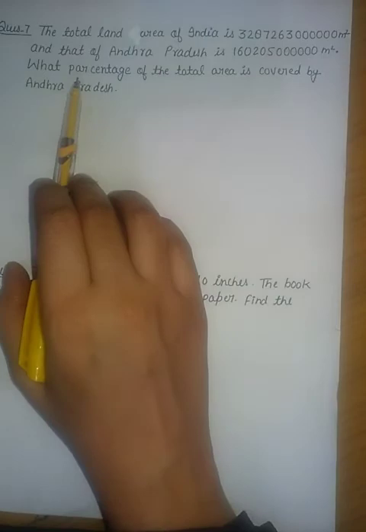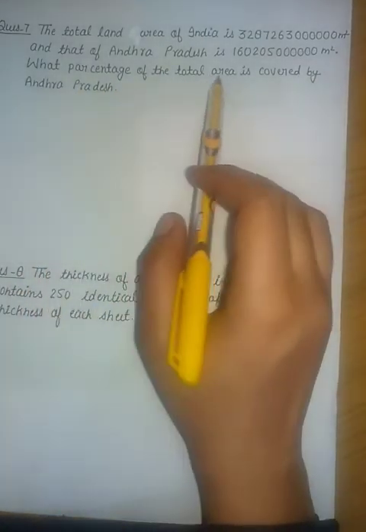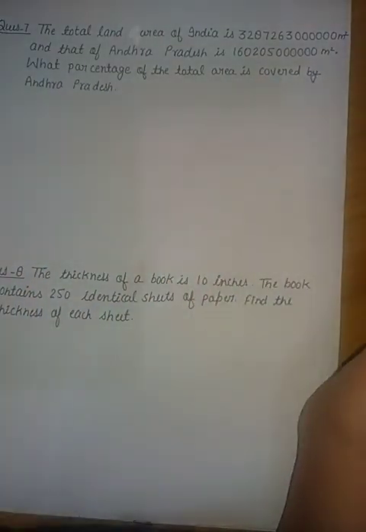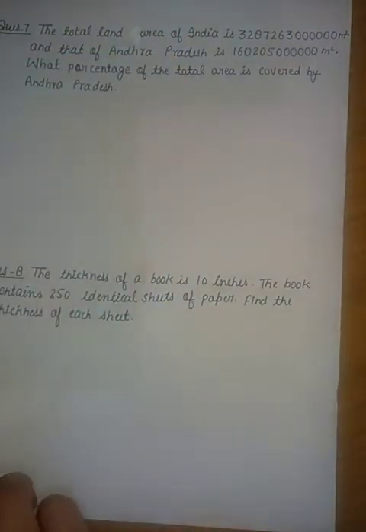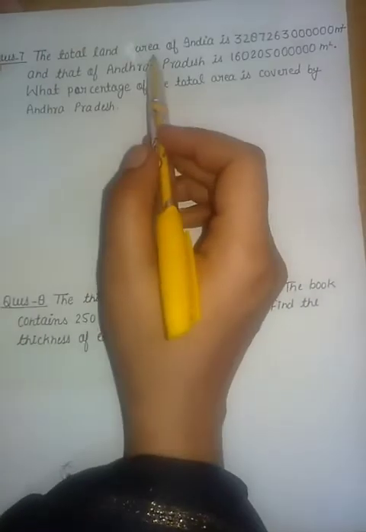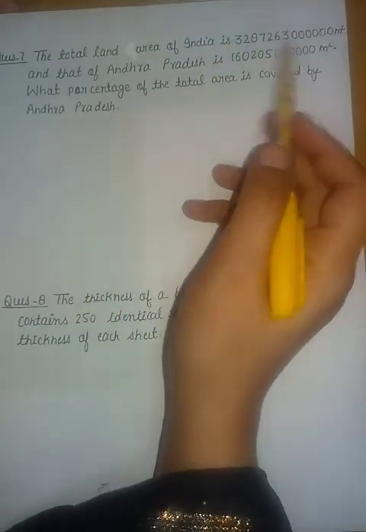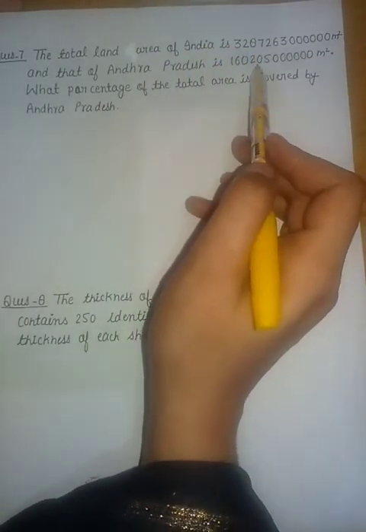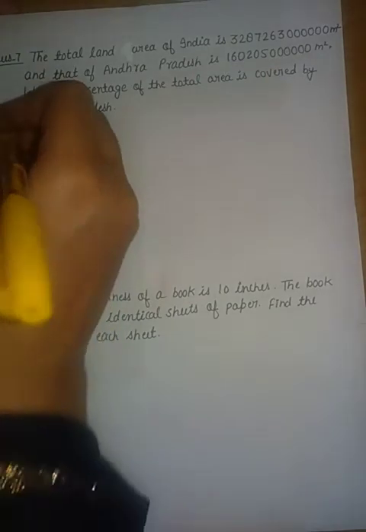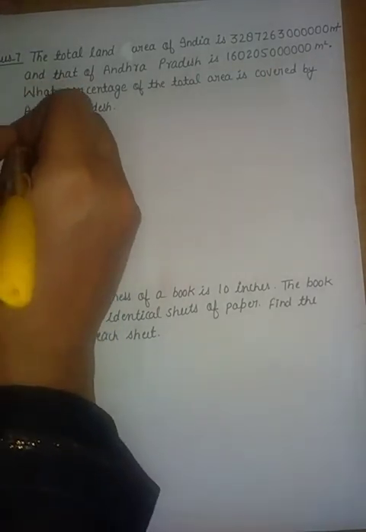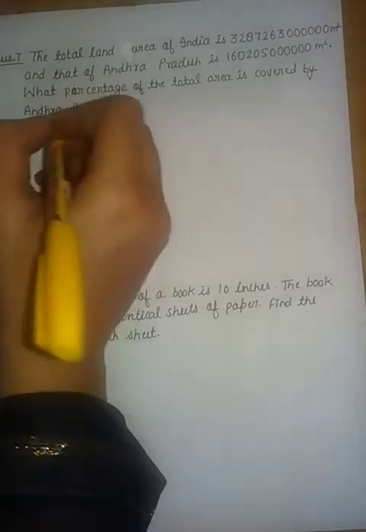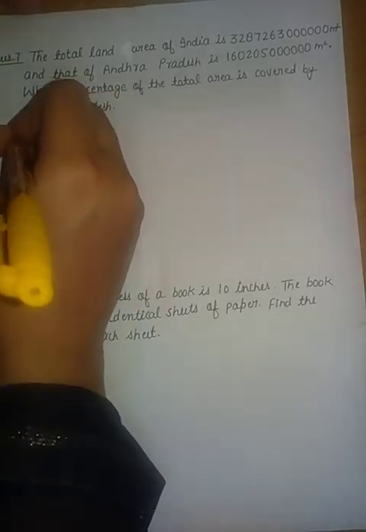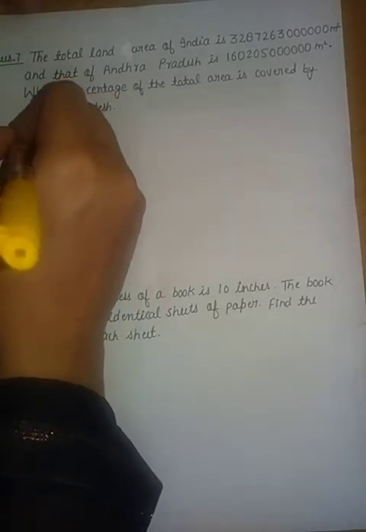What percentage of the total area is covered by Andhra Pradesh? So total area of India is this and Andhra Pradesh is this. So percentage of the total area covered by Andhra Pradesh means percentage of the area of Andhra Pradesh.